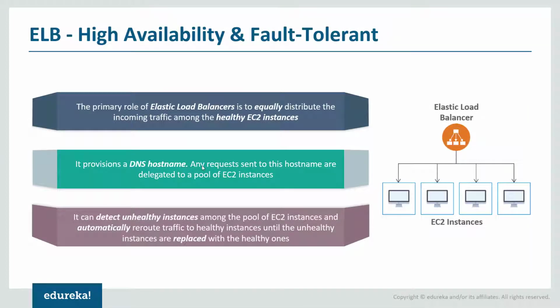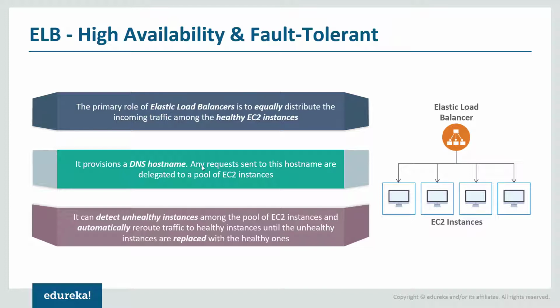The second one that we can talk about is ELB, Elastic Load Balancer. The beauty of the Elastic Load Balancer is that when you have multiple instances behind the load balancer, it is the responsibility of the Elastic Load Balancer to identify the healthy or unhealthy instance and pass the traffic.